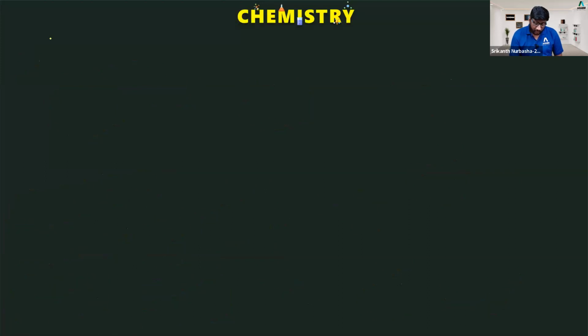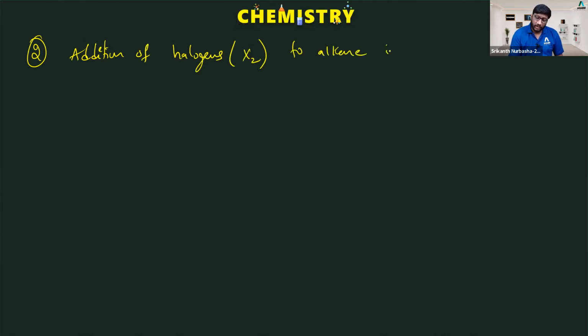Next, we can consider the second type of example, which is addition of halogens like X2 to alkene in a non-polar organic solvent like CCl4 or CS2.